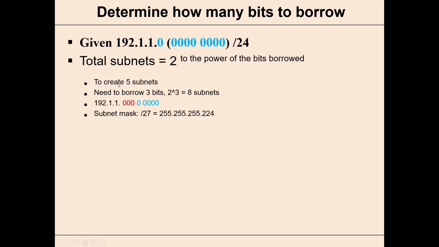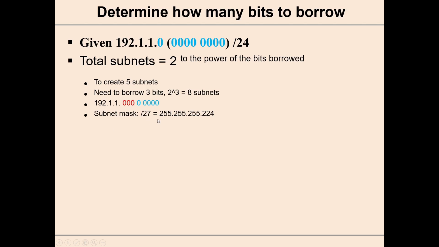So to create 5 subnetworks, we need to borrow 3 bits. 2 to the power of 3 gives us 8 subnetworks. Once we borrow 3 bits, our network portion extends from the original /24 plus 3. The new subnet mask for the subnets would be /27.